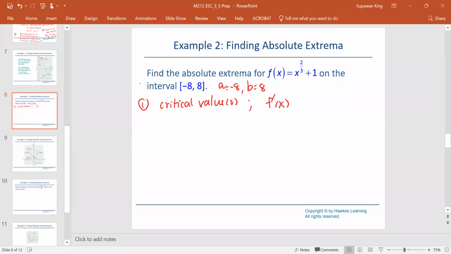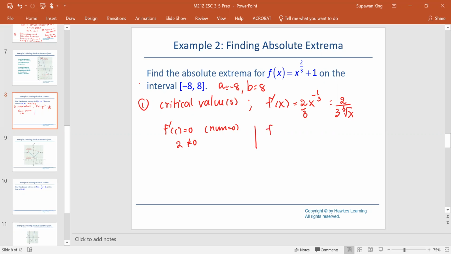Find the first derivative, which is 2 over 3 x to the negative 1/3, or 2 over 3 times the cube root of x. To find the critical values, the first case, f prime at c equals 0. In this case, we consider the numerator equals 0. In our case, 2 is not 0, so no critical value comes from the case f prime at c equals 0.